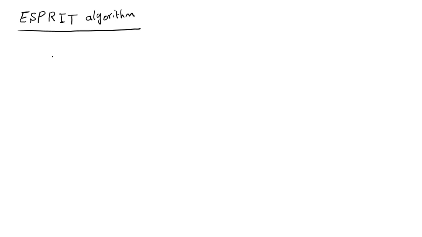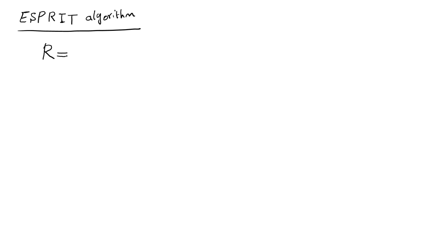MUSIC algorithm is based on noise subspace. ESPRIT is based on signal subspace. Both of them are based on the correlation matrix of the received signal. R is the correlation matrix and it's an M by M matrix.